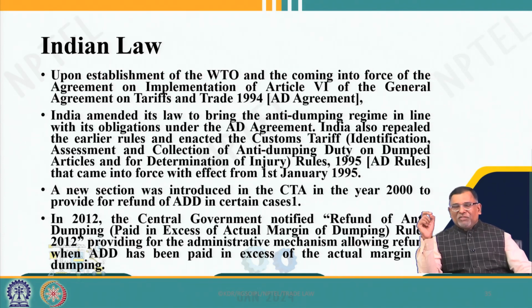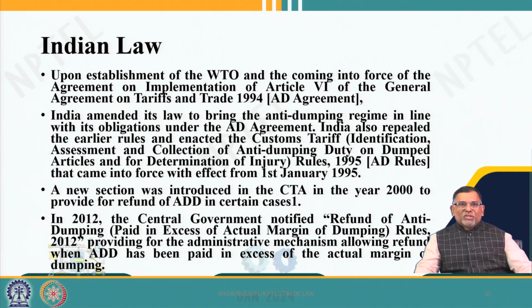That means 85, then again amended in 1995, and again the rules were amended in the year 2000. After 5 years of the WTO agreement, the rules were amended to provide refund of duties which are collected during the provisional period.